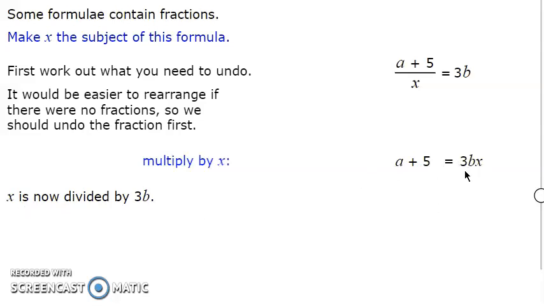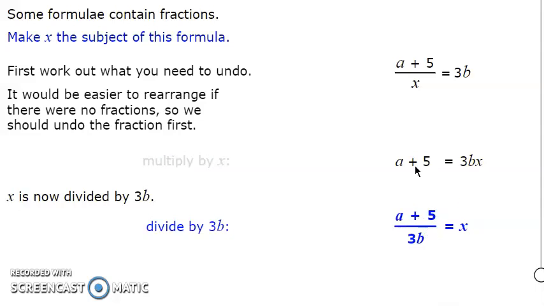What will happen? See what happens next. x is alone, and you get a plus 5 divided by 3b. This is what you get. I hope this explanation was clear to you. Now x is the subject.